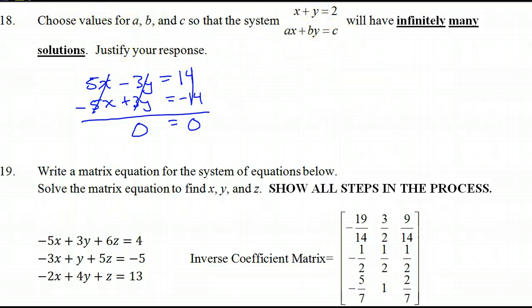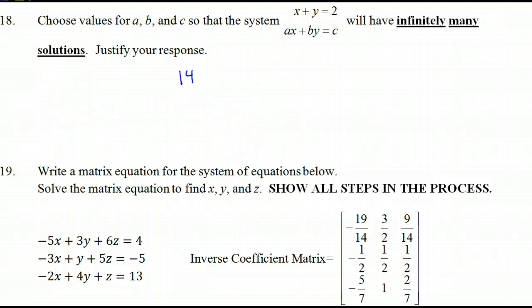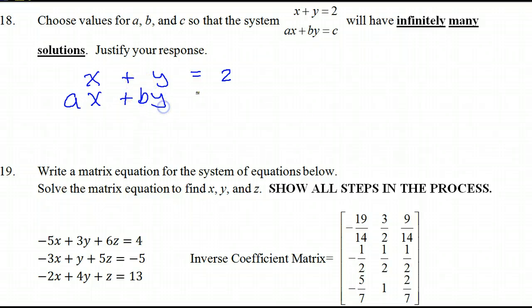Okay, but instead of that system, what we have is, I'll just recopy this. We've got x plus y is equal to 2. Now down here we have ax plus by is equal to c.